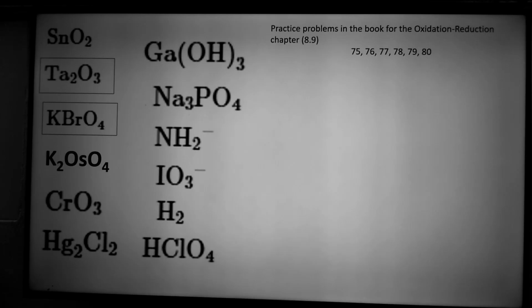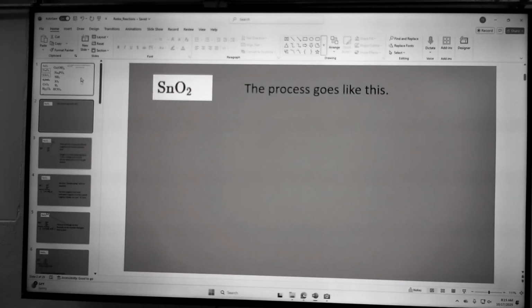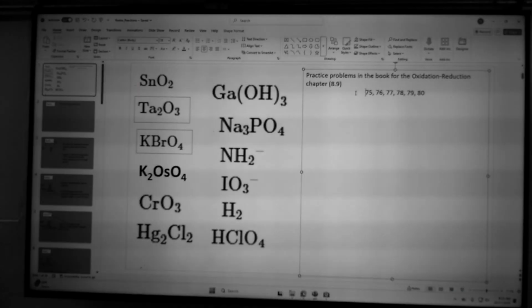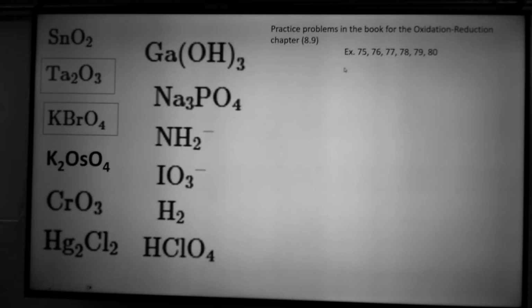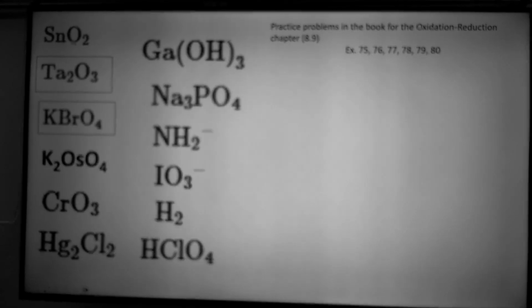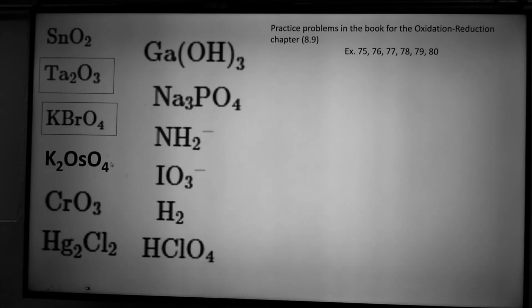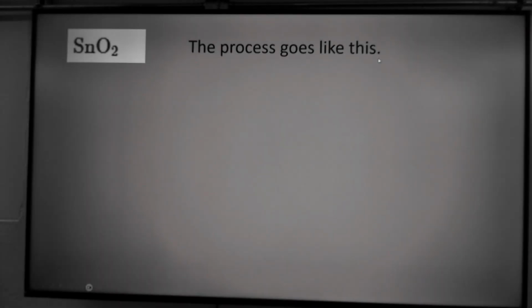So those exercises, this is what I usually write on the board. But it's these that I'm going to show you. I've got these as examples here. There are more examples in 75 and 76. But let me just show you this process.